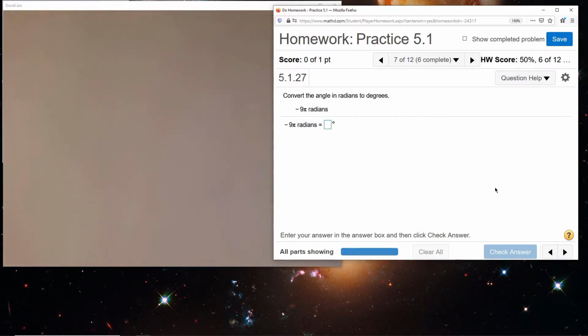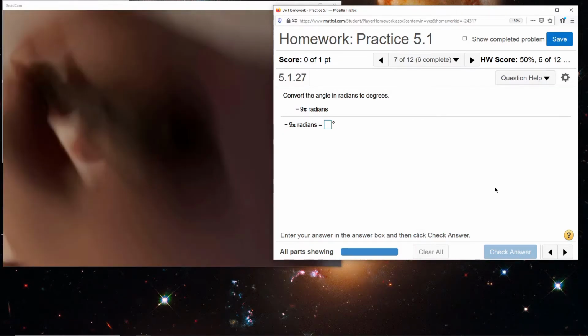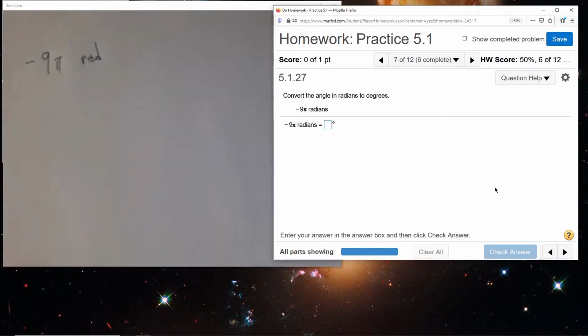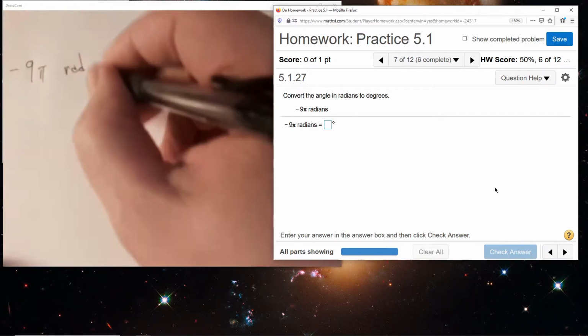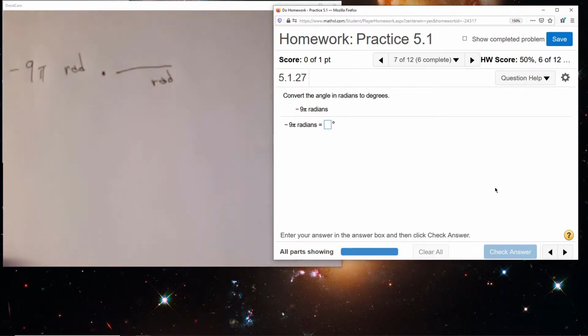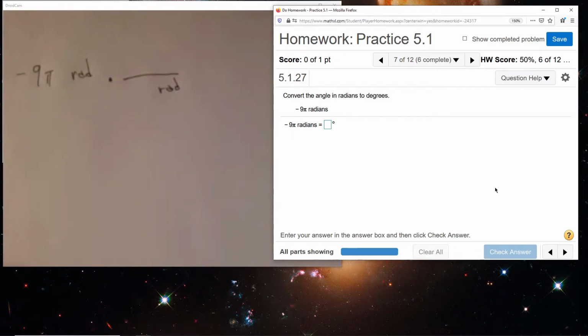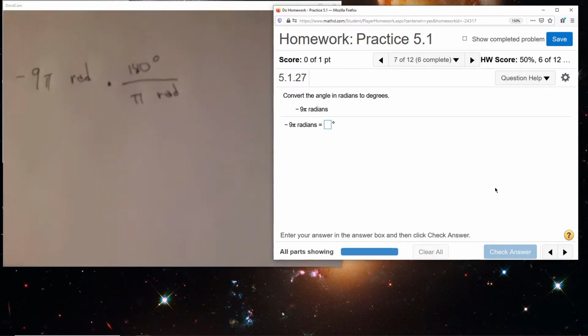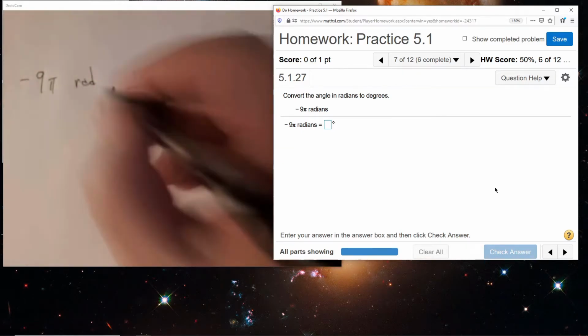So a new angle, minus 9 pi radians. And now we want to get rid of the radians. So we'll have that in the denominator so it cancels out. And pi always goes with radians, and 180 always goes with degrees. So now the radians cancel.